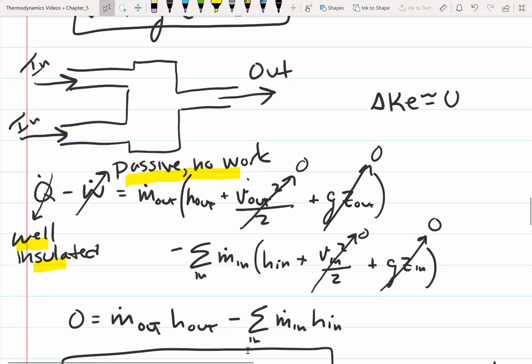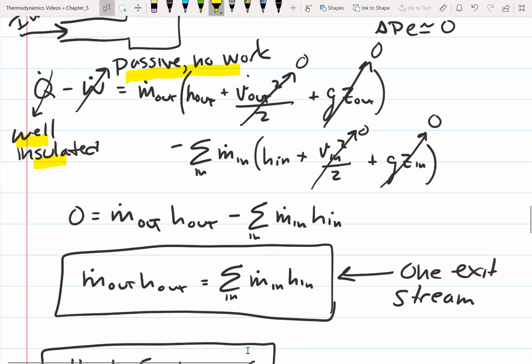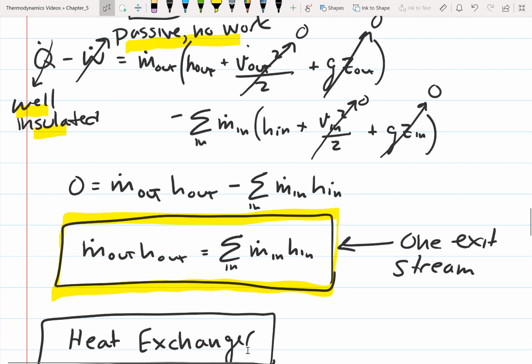And if we assume that there's no large elevation change, then the change in potential energy is also approximately 0. And we end up with this equation for our first law energy balance for a mixing chamber. And this one is assuming that we have one exit stream.